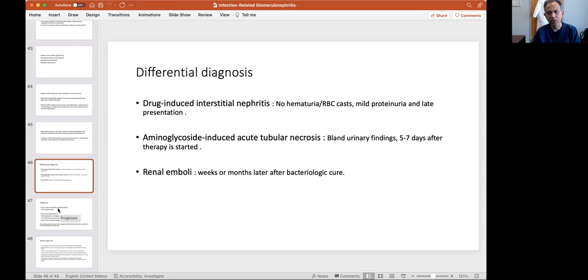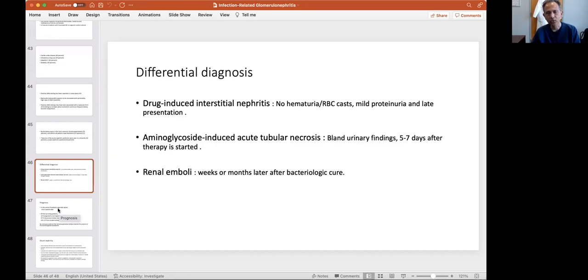It also depends on the level of those medications, gentamicin or vancomycin, which has to be associated with that. So it's relatively easy to differentiate whether it's caused by GN or by these medications' nephrotoxicity.